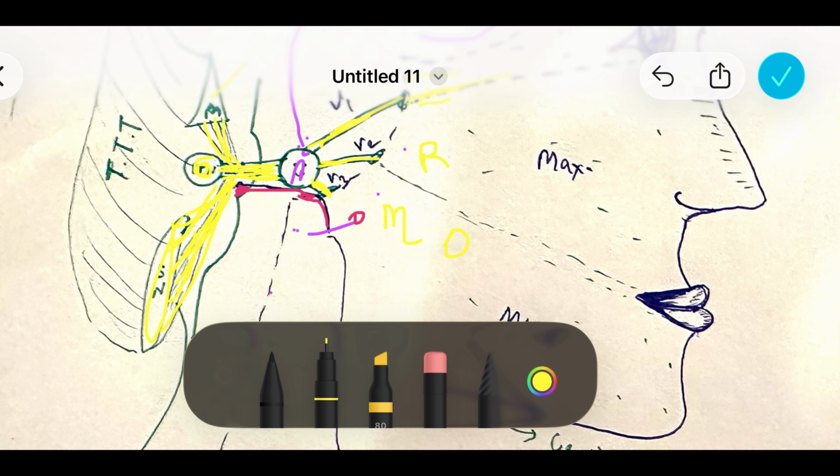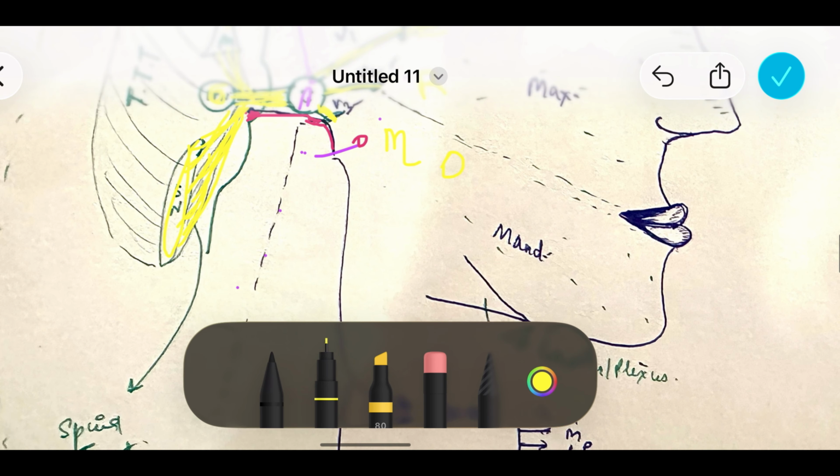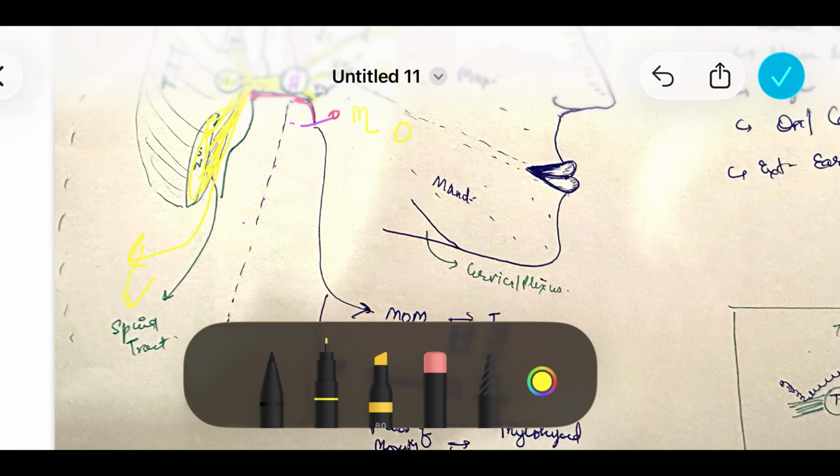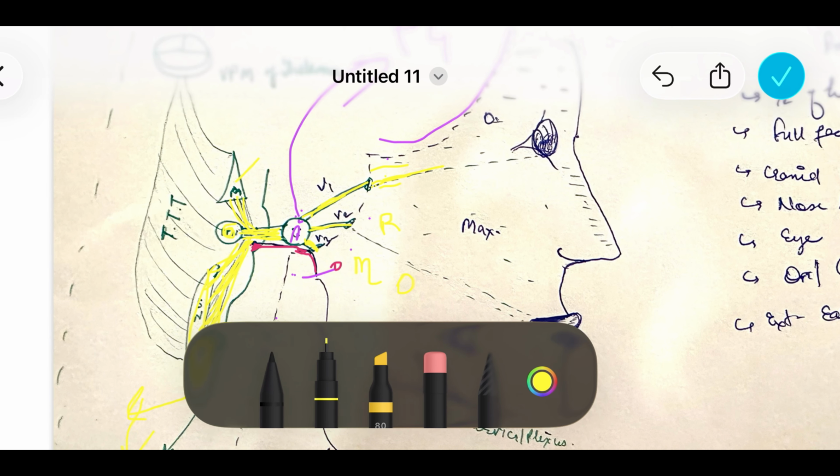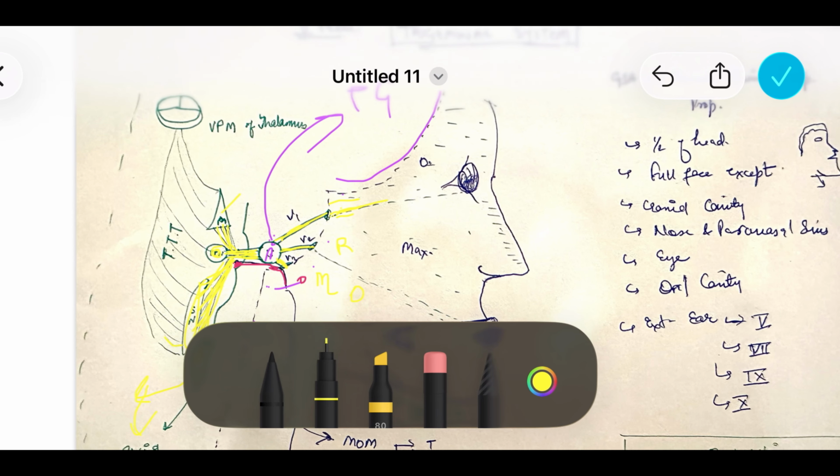These fibers which enter the spinal nucleus form a tract, and this tract is called the spinal tract of the trigeminal nerve. And then all these fibers come out from this nucleus and go upwards.